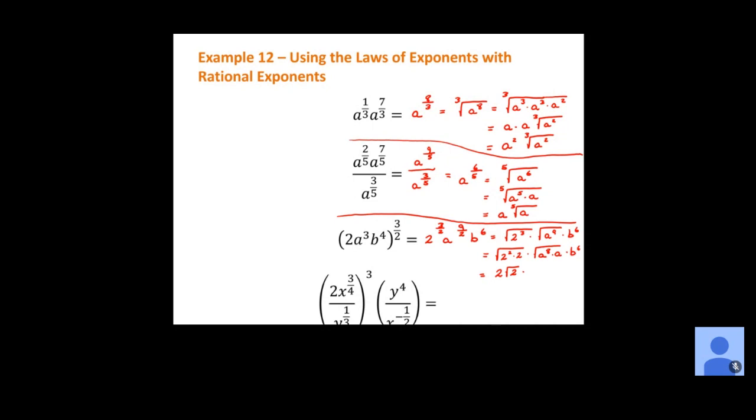Good, because remember that's that shortcut. We're going to divide the 8 by the 2. It's going to give us a to the 4th times the square root of a, and then we'll just have our b to the 6th. And there's nothing else that we can do there. If you wanted to combine the square root of 2 and the square root of a, you could. So technically, you could write this as 2a to the 4th, b to the 6th, and then put the 2 and the a back inside the square root together. All right, so that answer right there would be fine.